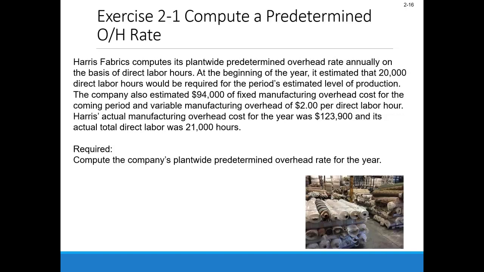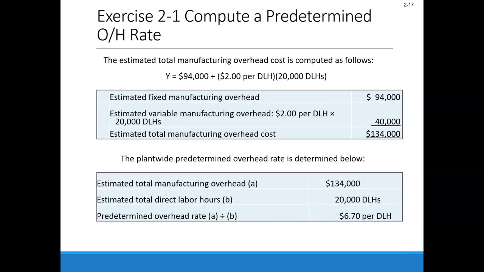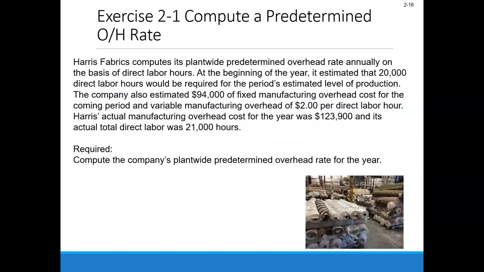So when we determine the predetermined overhead rate, we're using estimated numbers, correct? So you see how sometimes they give you stuff you're not needing? So in order to compute the estimated, we're doing the estimated fixed manufacturing overhead of $94,000. Then the estimated variable manufacturing overhead is going to be $2 per hour.